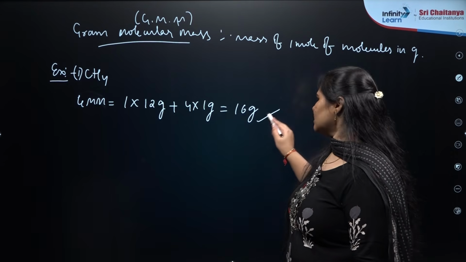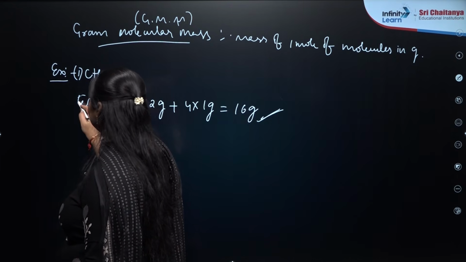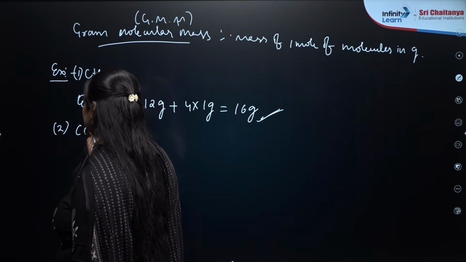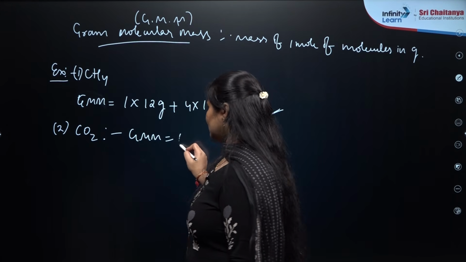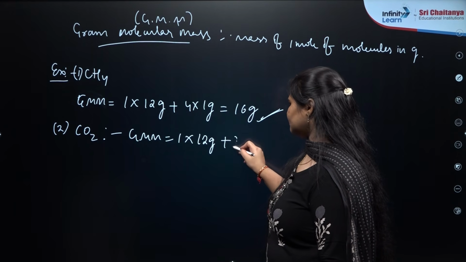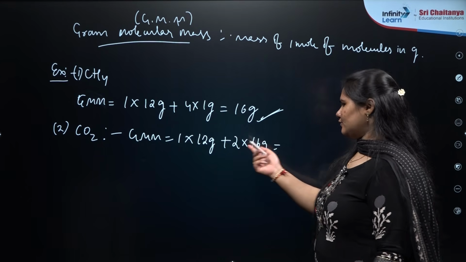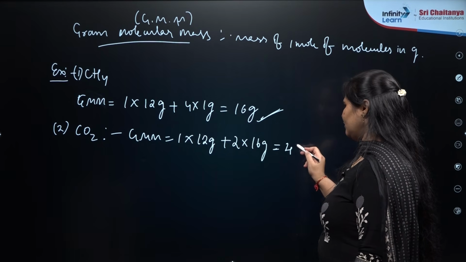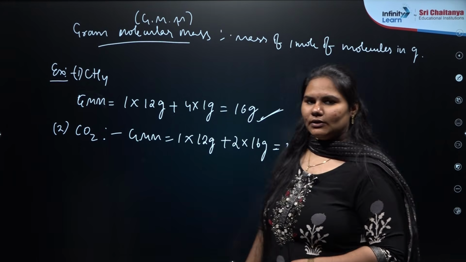Here we should take 16 grams. That is the difference. Same for another example, CO2. For carbon it is 12 grams and oxygen it is 16 grams. So 1 into 12, 12, 2 into 16, 32, which gives you 44 grams in total. This is gram molecular mass.